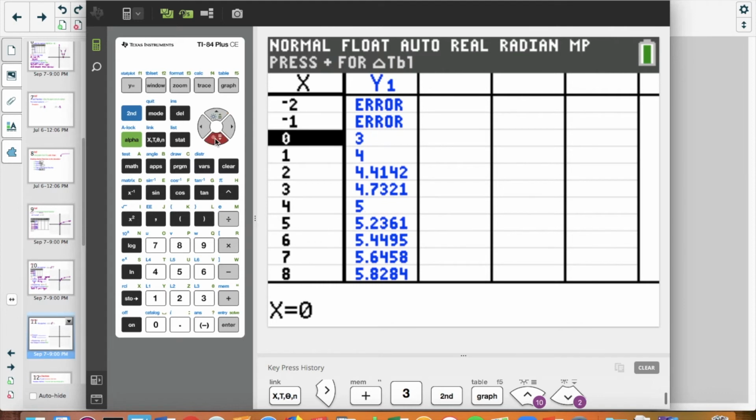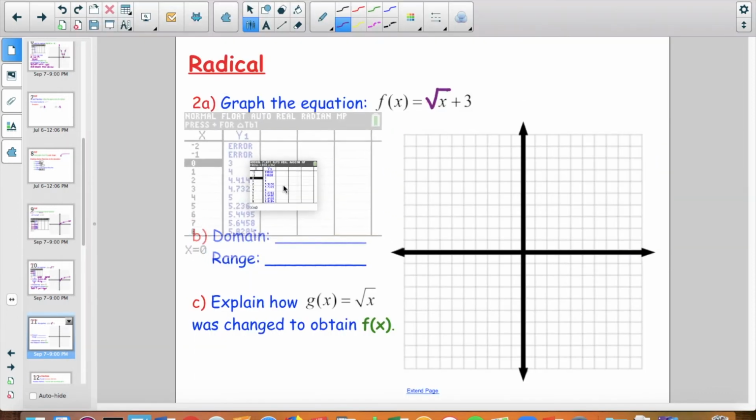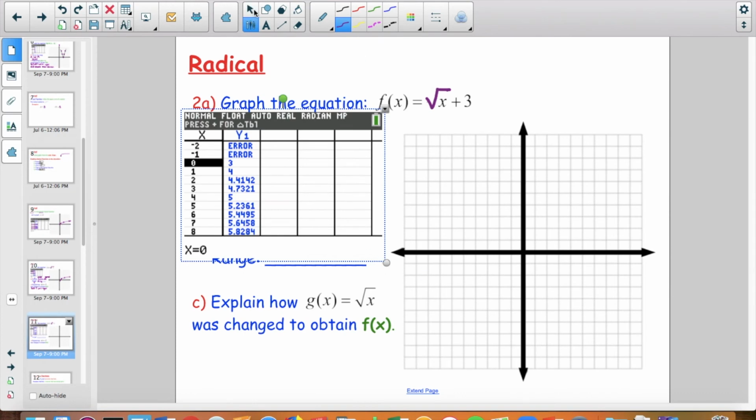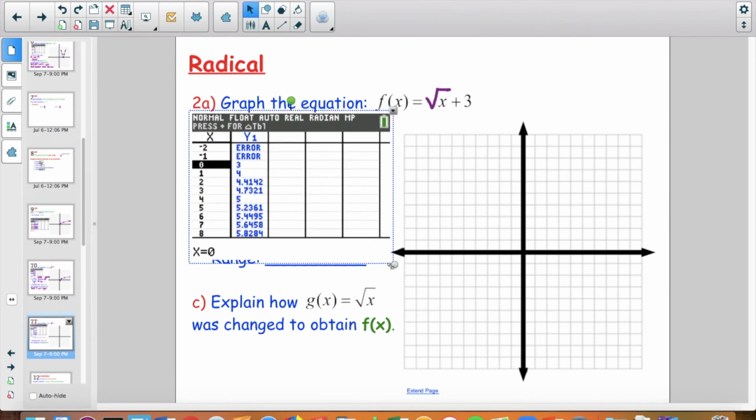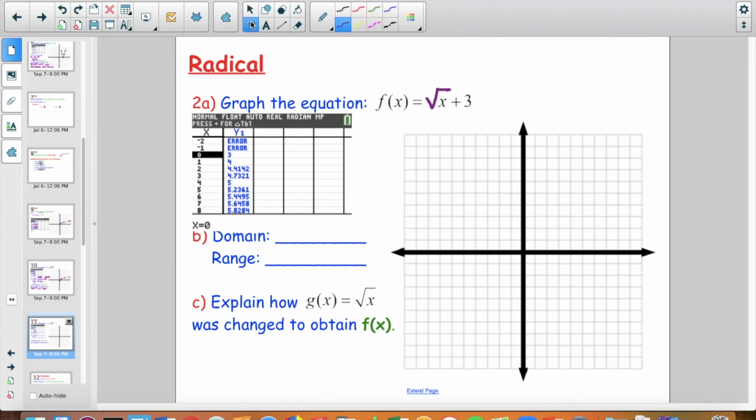Found it. So now this is where my graph is going to start. So I'm going to take this and graph the points that are on here. I can't graph the errors, so I'm just going to cross those out there. First point I can graph is 0, 3. So 0, 1, 2, 3. Next point I can graph is 1, 4.